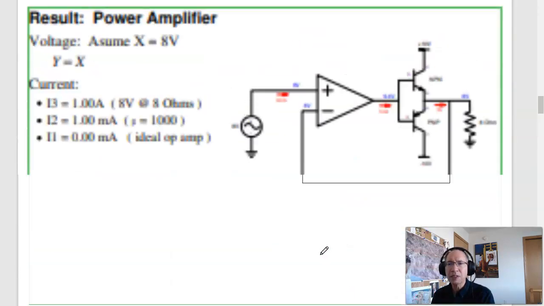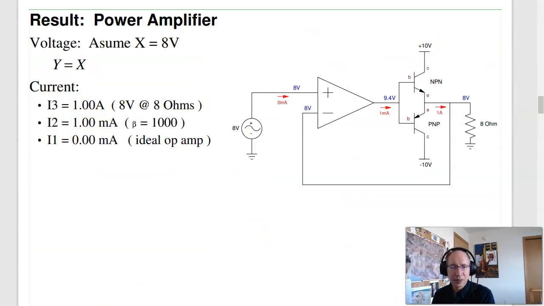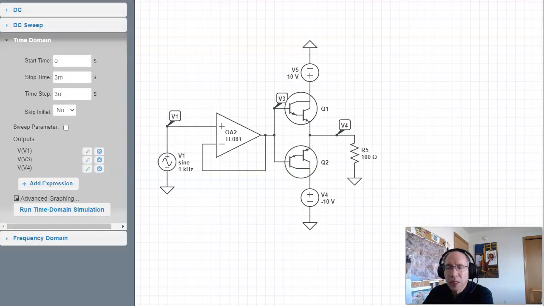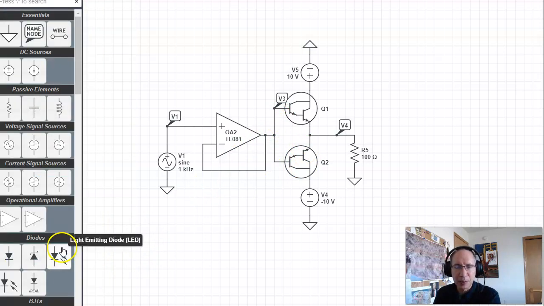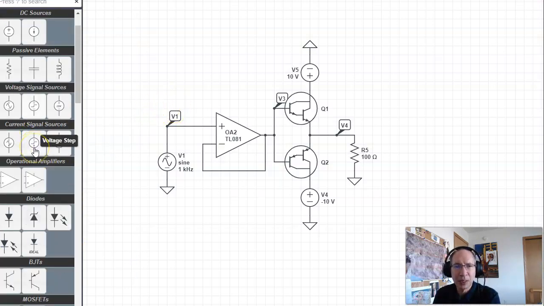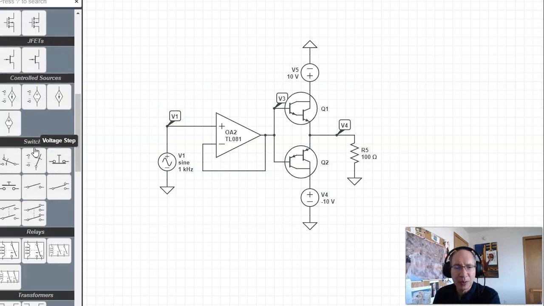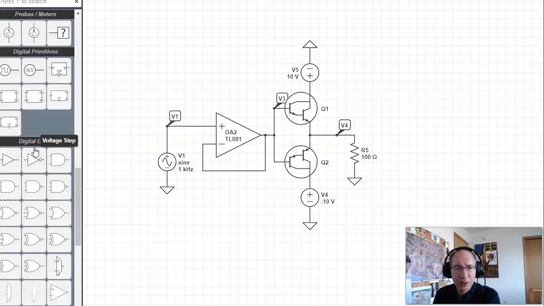If you check that in Circuit Lab, let's see if that works in Circuit Lab. So here's my push-pull amplifier. In this case, I used a Darlington pair. It depends upon which one you're using. If you have a TIP transistor, that's a Darlington pair. Go into Circuit Lab and scroll down.